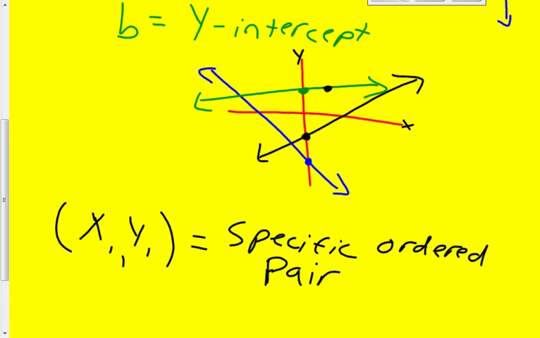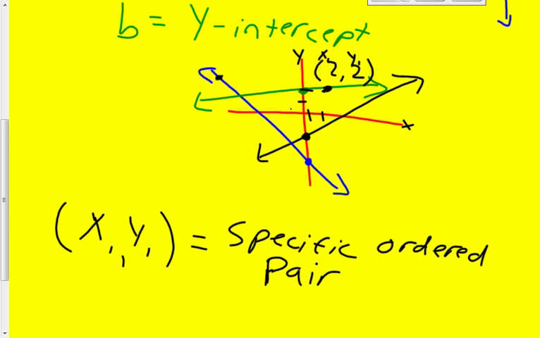We'll say this point is right 2, up 2. That's where this point is located, right 2 and up 2. So this would be my x-coordinate, so we're going to call it x1, and this is going to be my y-coordinate, so we'll call it y1. So x1 is 2 and y1 is 2. You could have an ordered pair right here.